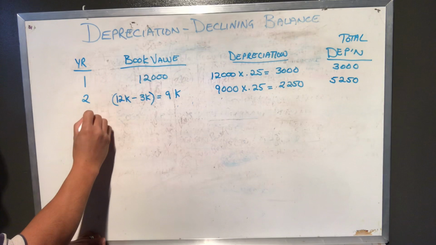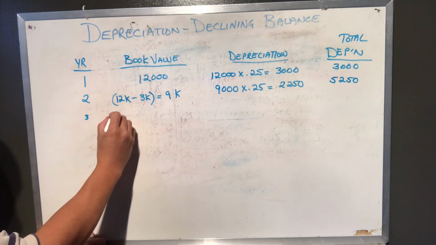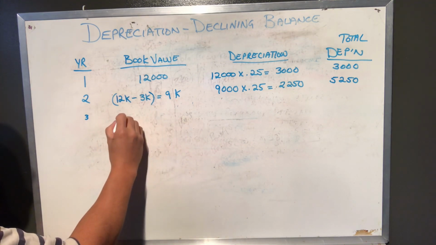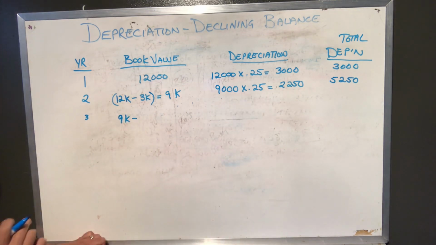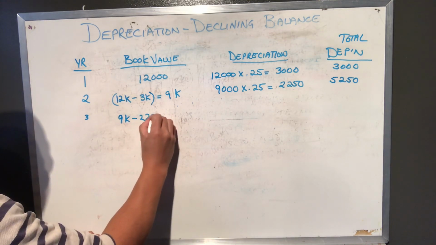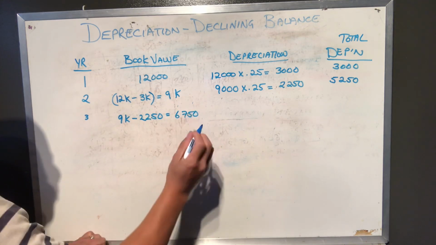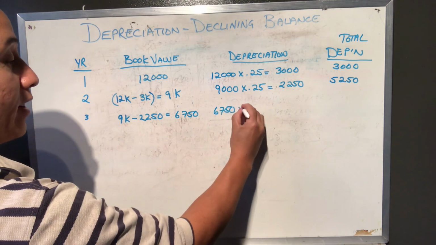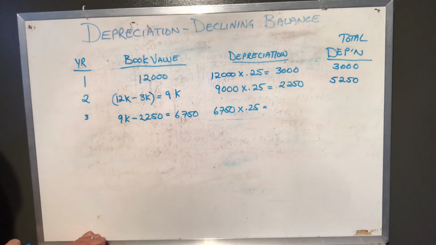In year 3, we are going to calculate the book value as $9,000 minus the $2,250, and that will give us $6,750. So we're going to now use this $6,750 and apply our depreciation rate of 25% to calculate our depreciation cost, which is going to be $1,687.